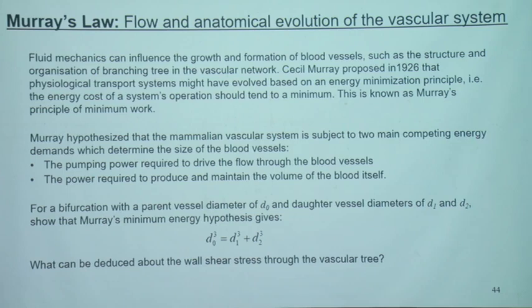The pumping power is related to the pressure drop and the flow rate through a pipe. Very similarly, to drive blood flow through blood vessels, we also have the pumping power required. And we can use the fundamental flow mechanics to write the pumping power required for this part.